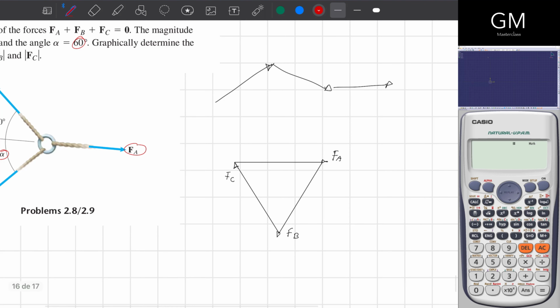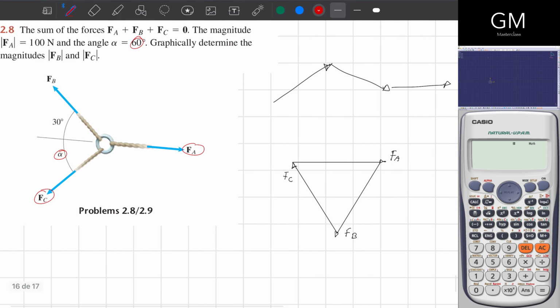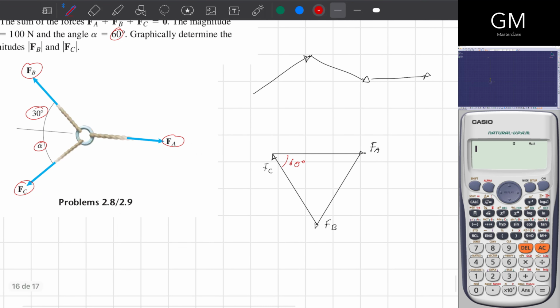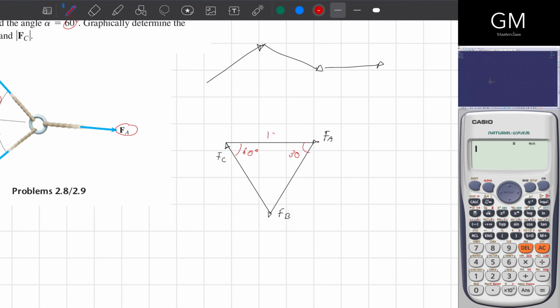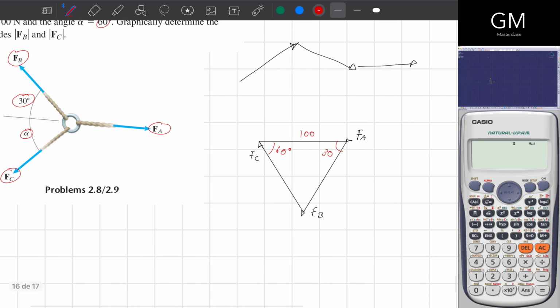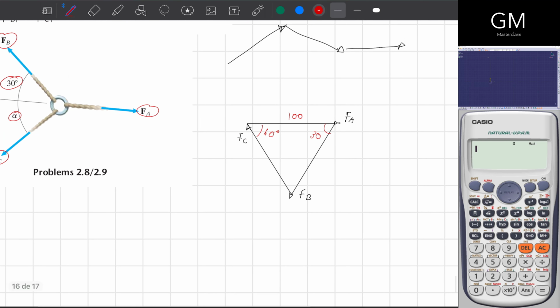So Fa and Fc have an angle of 60 degrees, and between Fb and Fa I have an angle of 30 degrees, so this is equal to 30. I have this magnitude, this is equal to 100, the magnitude of Fa, and I must find the magnitudes of Fb and Fc.